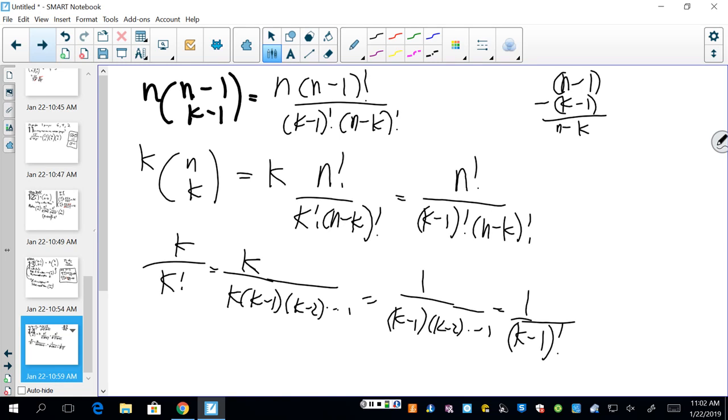Well, we're pretty close already. In the numerator, what is n times n minus 1 factorial? That's going to be n factorial, because n times n minus 1 times n minus 2 all the way down. That's what this gives us. So this is n factorial, k minus 1 factorial, n minus k factorial.